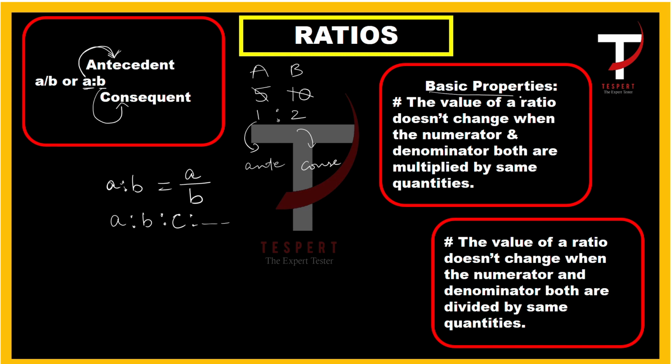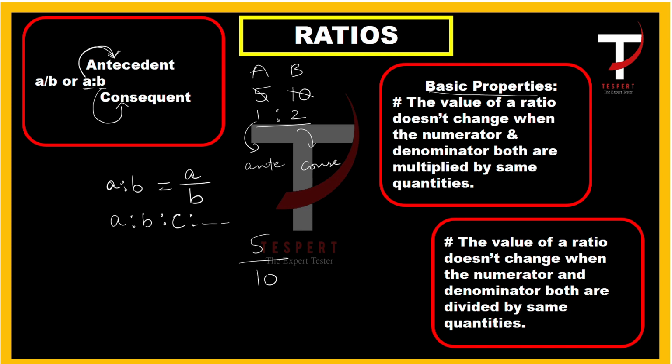We will look into some basic properties of ratios and then move to proportions. The value of a ratio doesn't change when the numerator and denominator are both multiplied by the same quantity. Let's take an example: 5 by 10 is the ratio.